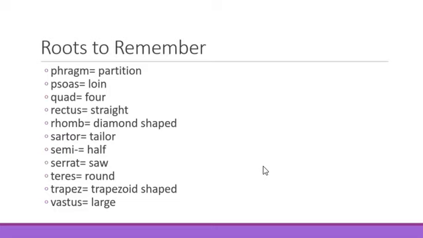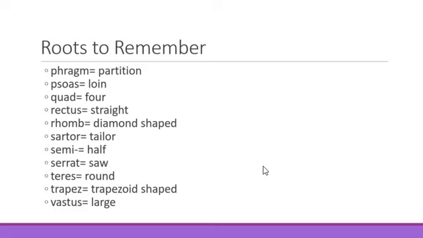Psoas means loin. We'll have psoas muscles within the pelvic area. Quad means four. Rectus means straight. We have many muscles that have the word rectus in it. For example, the rectus abdominis muscles within the abdomen, rectus femoris muscles within the anterior thigh.